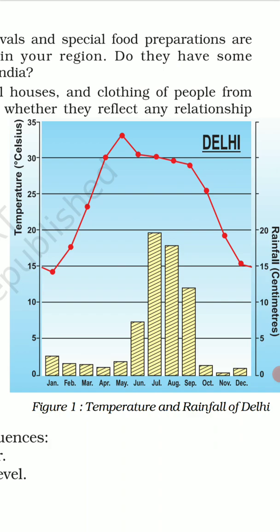It is showing temperature. And bar graph is used for rainfall. Very good. Just by seeing the graph, I can easily tell that during April and May, Delhi's temperatures are very high. And during July, August, it is getting good rainfall.